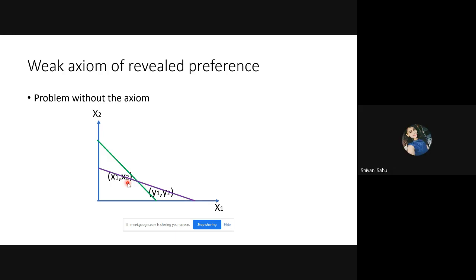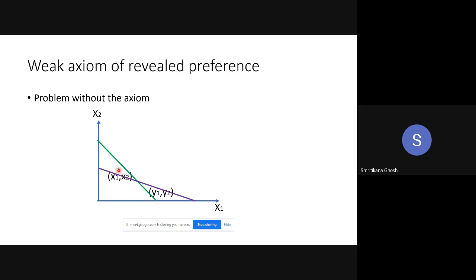Yes, ma'am. Okay. Now look at the purple budget line. x1, x2 is on the purple budget line and y1, y2 is below the purple budget line. Say this is the situation.